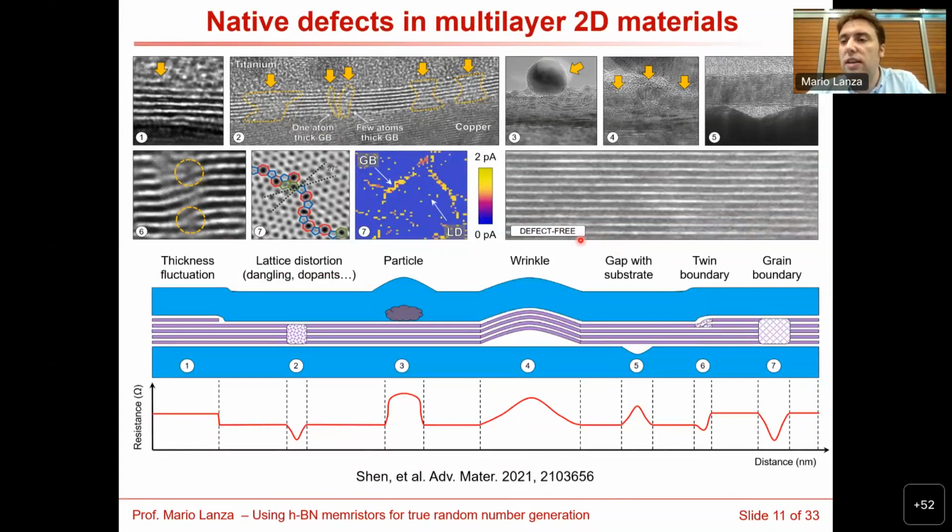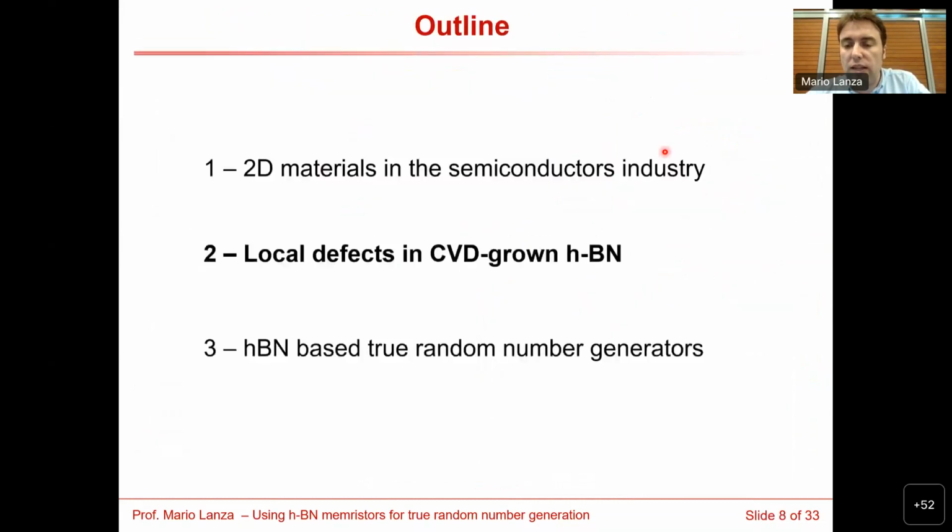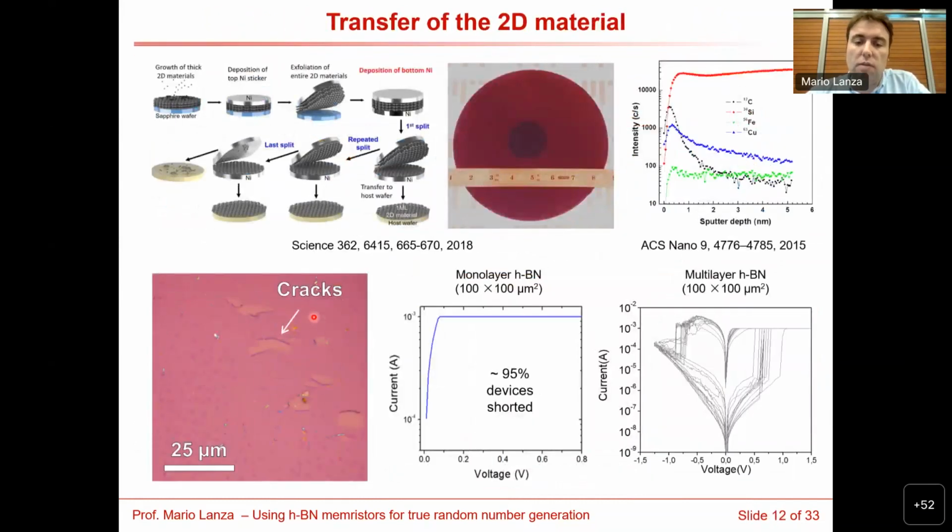So I work with 6 nanometer thick boron nitride, and when I use monolayer, it cracks super easily. But when I use multi-layer, it doesn't crack. So working with multi-layer is much easier at the wafer scale, and I am completely convinced that the first devices of high integration density will be done with multi-layer 2D materials, not with monolayer 2D materials.